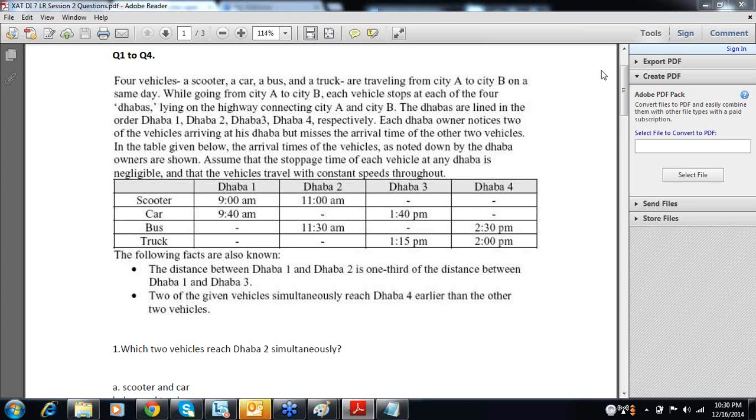Just give a couple of minutes, you'll get it. You guys received it? Just see and let me know, please.